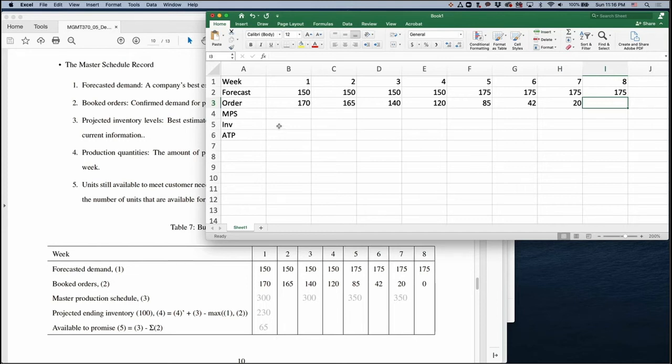So first of all, MPS and ending inventory. We may have some initial inventory, but for this case we do not consider beginning on-hand inventory; we might have 0.